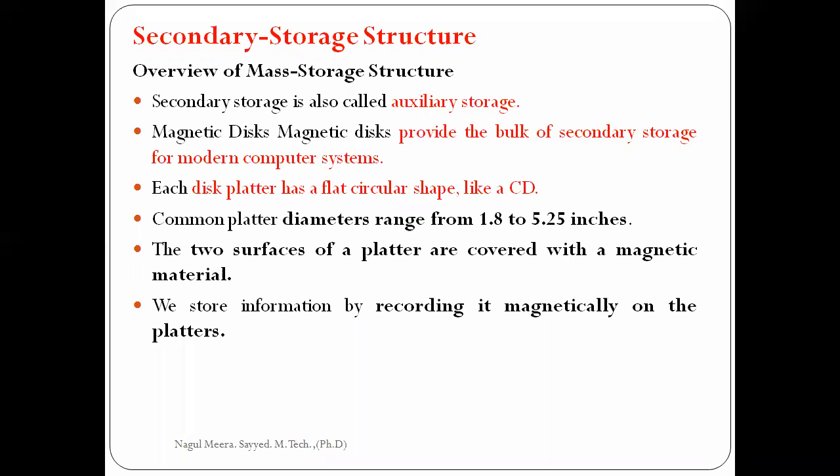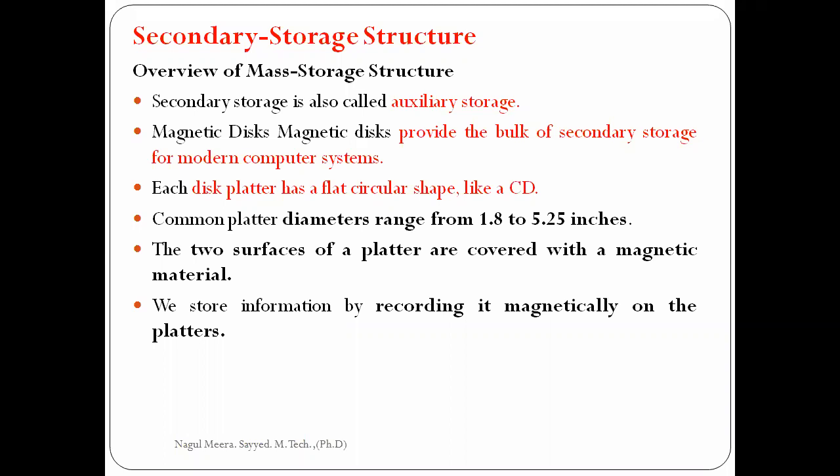Secondary storage is also called mass storage, auxiliary storage, or magnetic disk. In modern computers, magnetic disks are used to store bulk amounts of data. In a magnetic disk, one major component inside the hard disk is the platter, which looks like a CD.